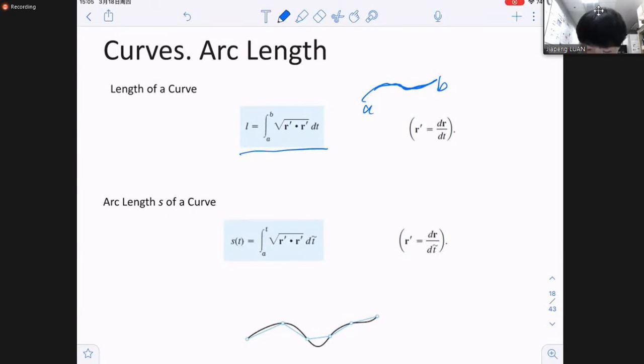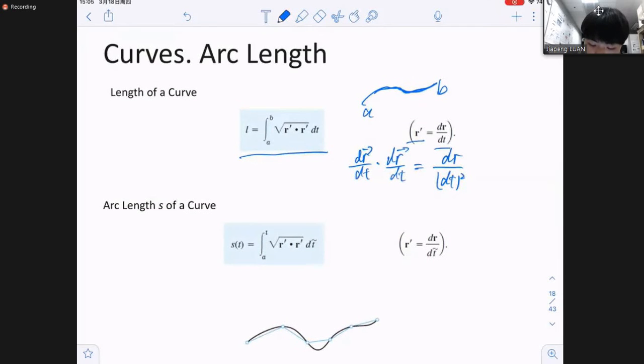Because you can see that this r prime is dr by dt, and you dot them together. So you can see this is dt square, and also this is dr norm square.